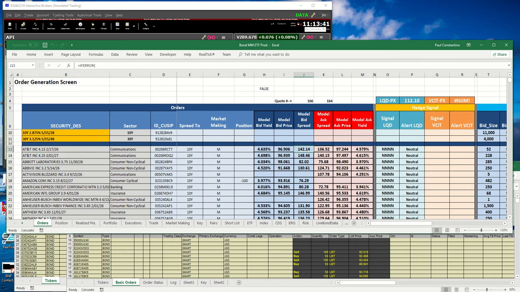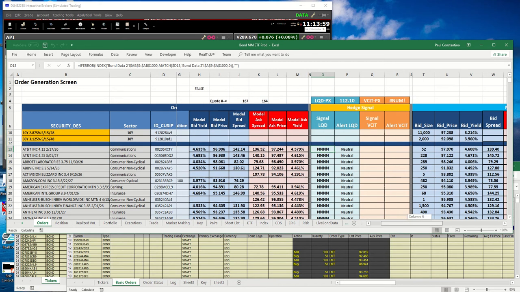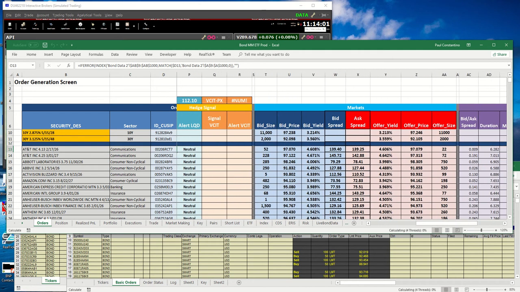The model provides pricing in spread to treasuries, in actual price, or in yield. So the model can be quoted in any different way. There's a signal that's generated that is the main determinant of what that price is that I will be inputting in this model. And then there's also markets.